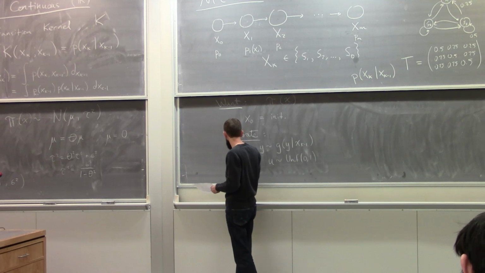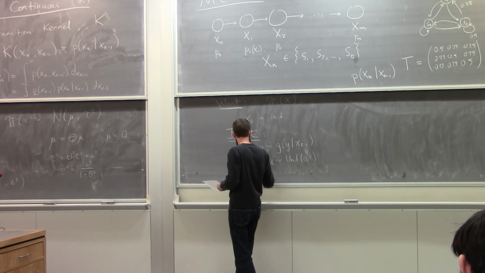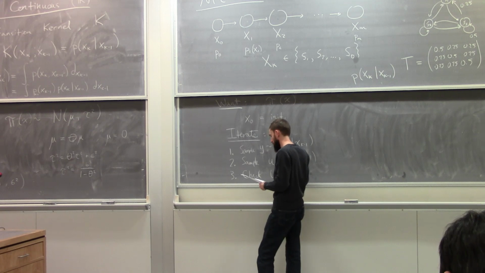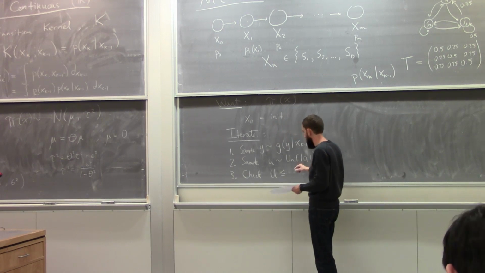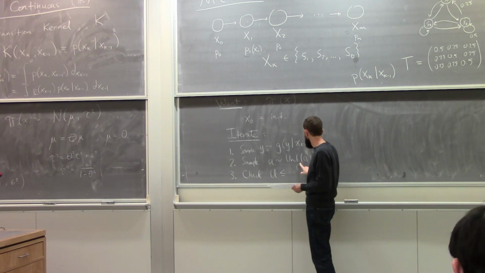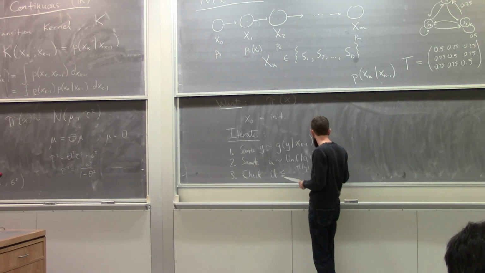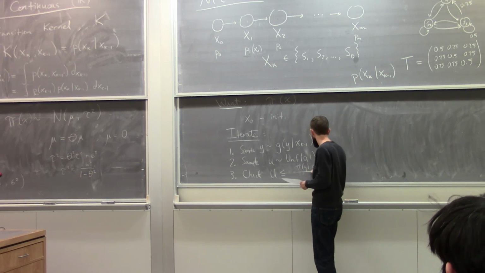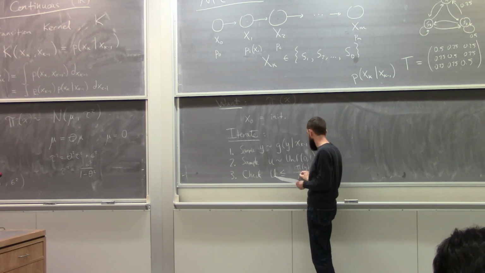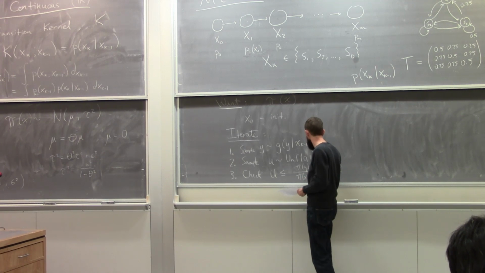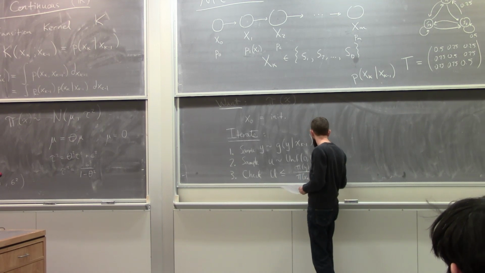Then the accept-reject condition is I'm going to check: is u less than or equal, or less than, doesn't matter, to pi of y times g of x_{k-1} given y, divided by pi of x_{k-1} times g of y given x_{k-1}?